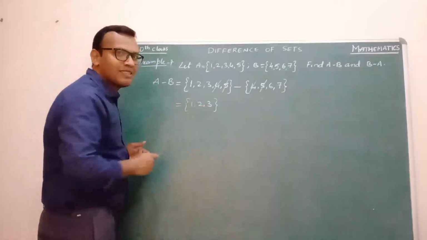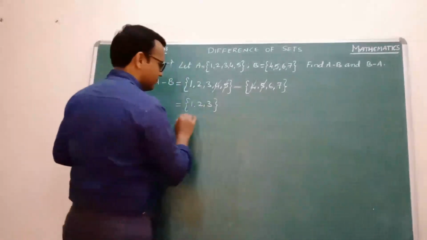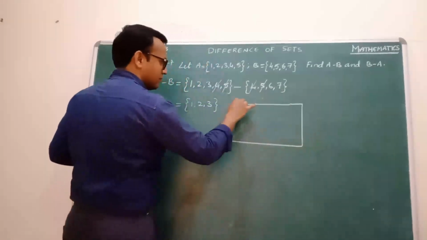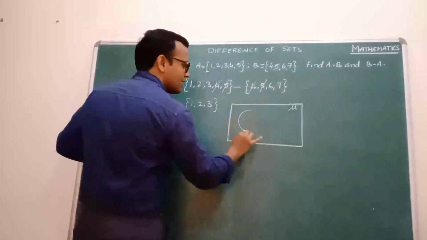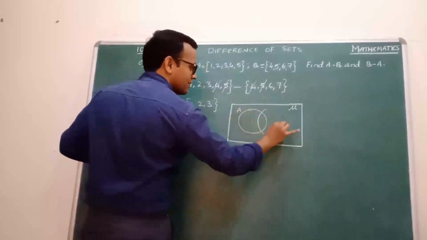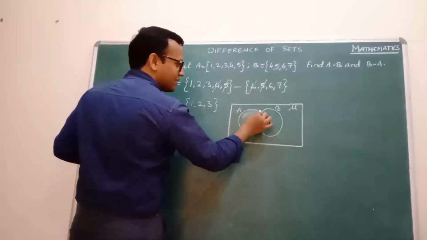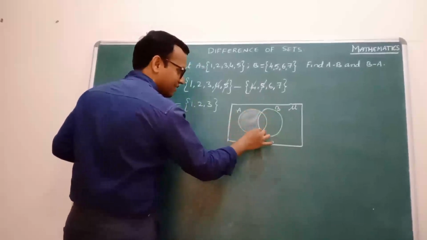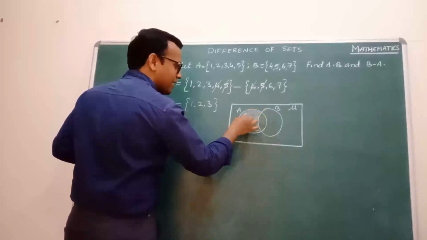Let me represent this in a Venn diagram quickly. This is the universal set mu, set A, set B, and this part is the A minus B area.